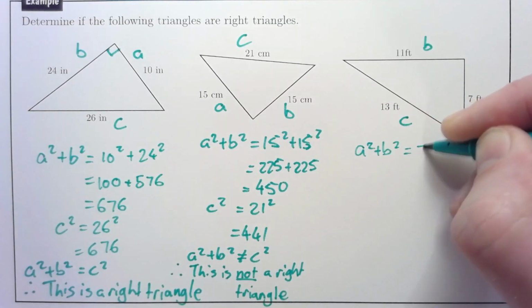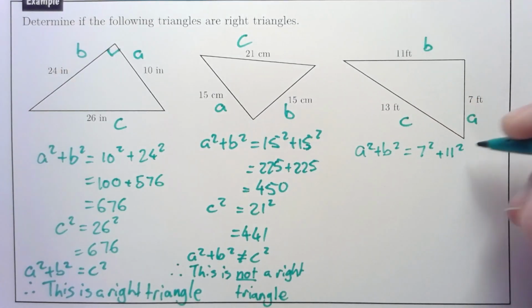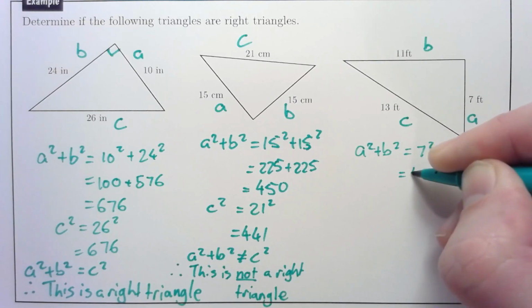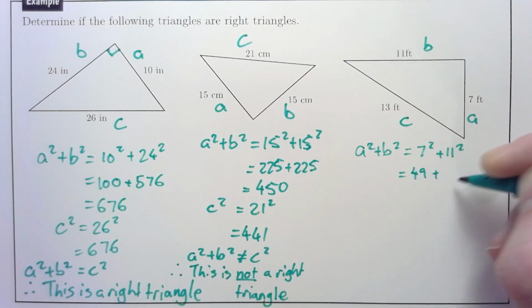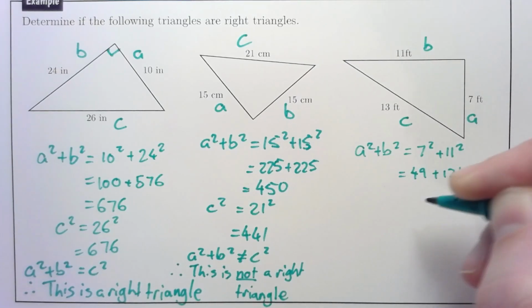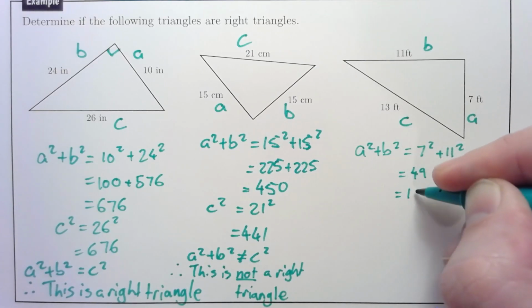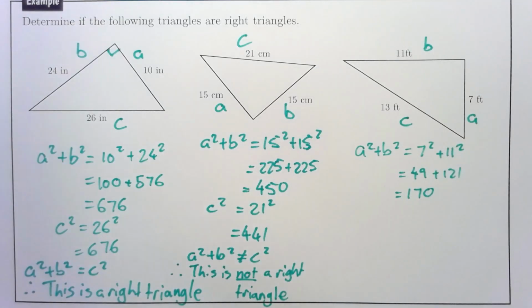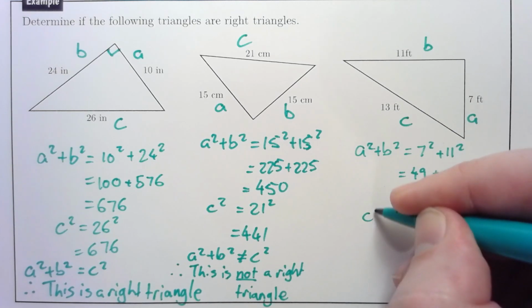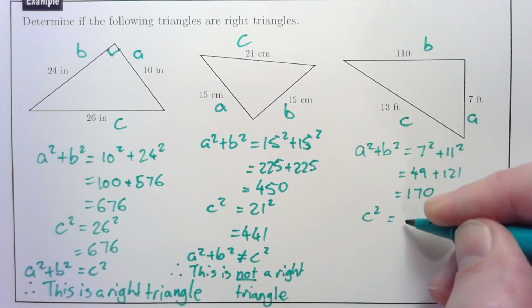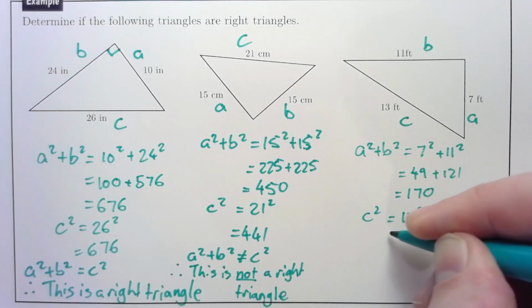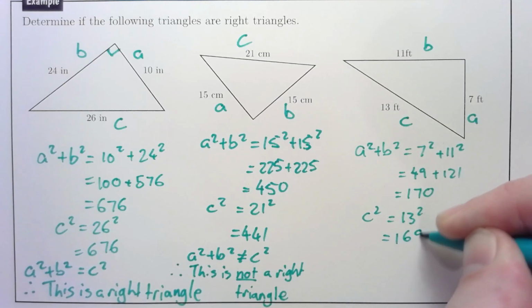This will be 7 squared plus 11 squared, which will be 49 plus 121, which is 170. C squared will be 13 squared, which is 169.